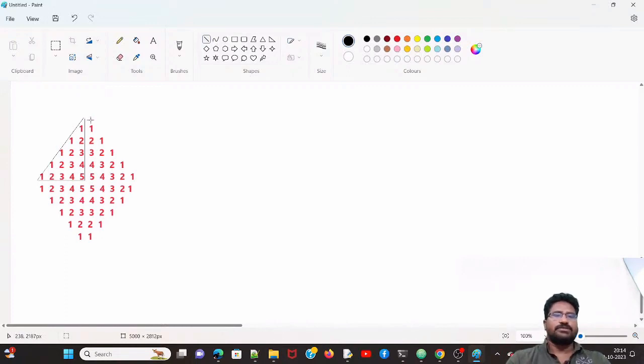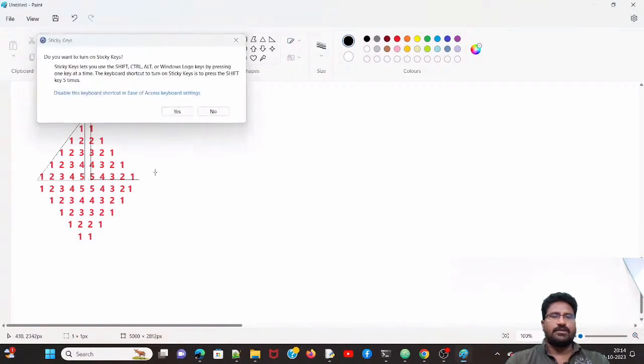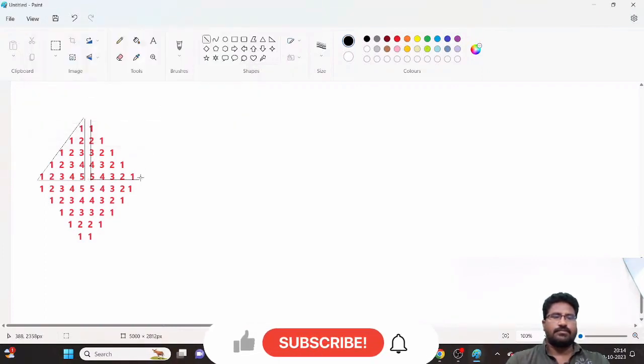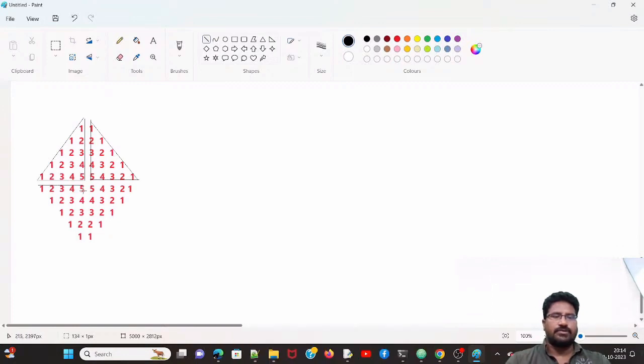Okay, it's one pattern, and this is the pattern, right? And same here also. This is a new pattern. Means total it's a collection of four patterns, guys.